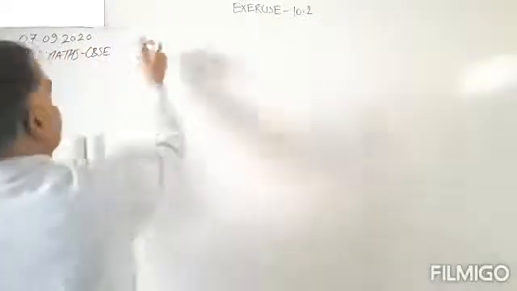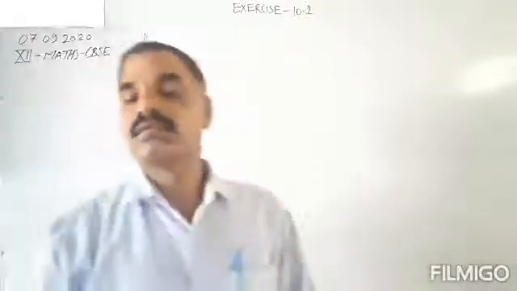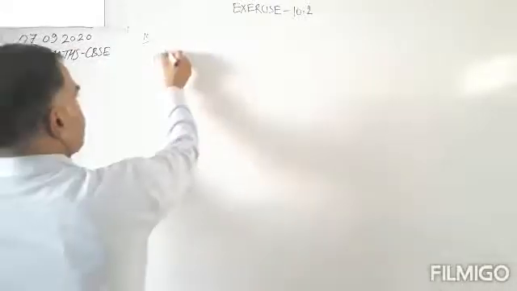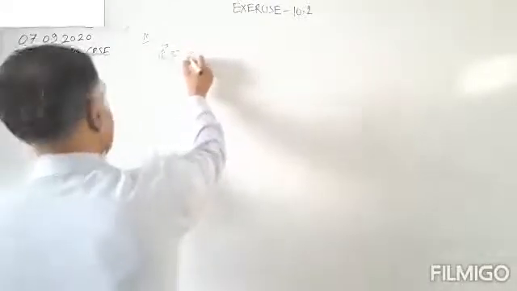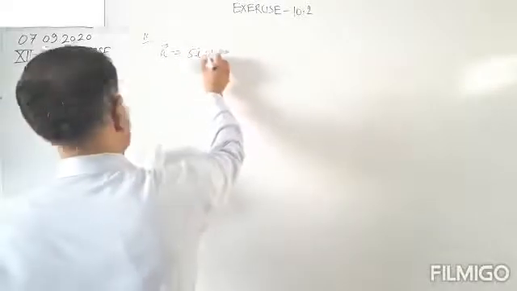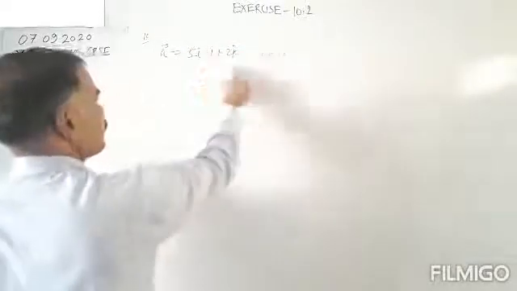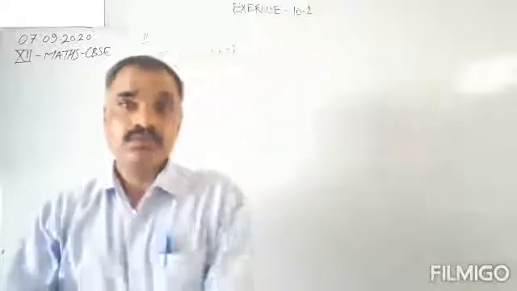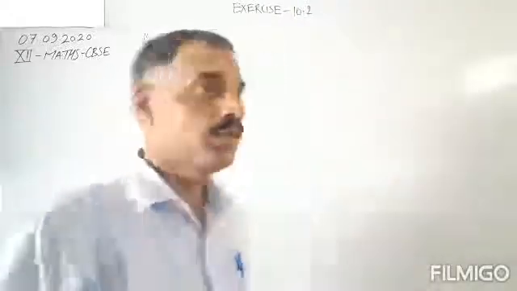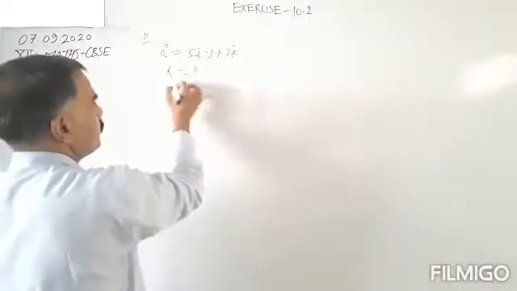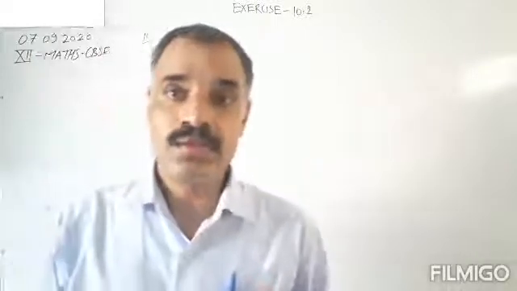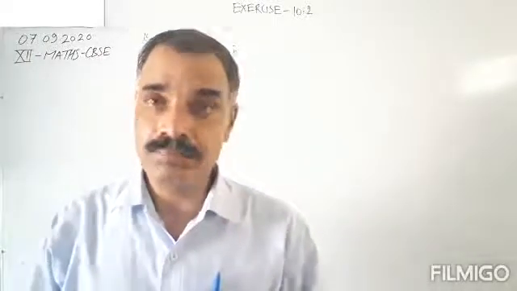Question number 10 is: find a vector in the direction of the vector a vector, that is 5i cap minus j cap plus 2k cap, which has magnitude 8 units. So lambda is equal to 8, magnitude 8 units. Okay, so how will we find it? In scalar multiplication.